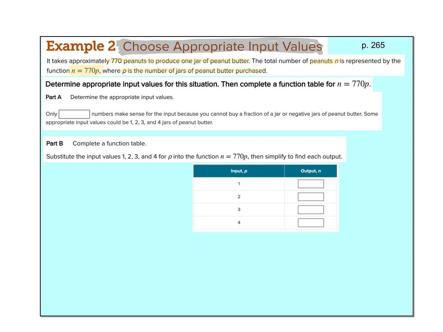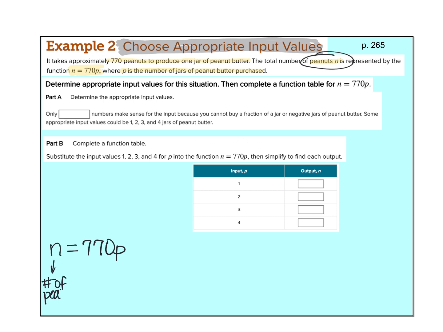Okay, so let's look at that again. It kind of looks confusing sometimes. So here's my function, or my equation. N equals 770p. Okay, now let's see what it said everything stood for. It said the total number of peanuts, N. So this stands for the number of peanuts.